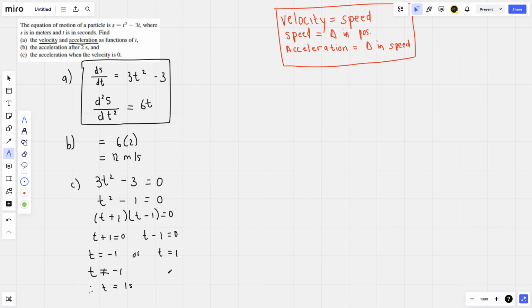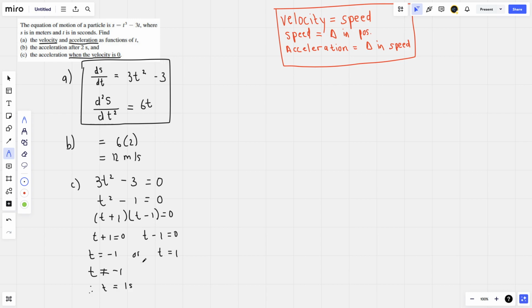So we know now that at 1 second, my velocity was 0. So we know the second part of the question: when our velocity is 0, we know what time that happens. At 1 second, our velocity is 0. Okay, but they want the acceleration.